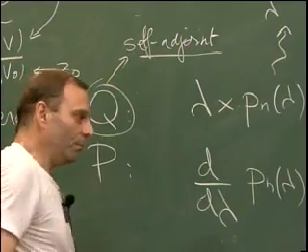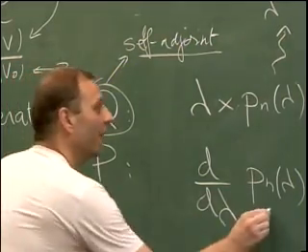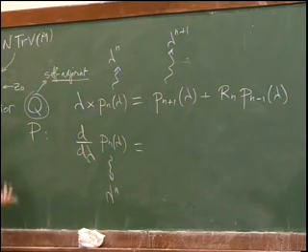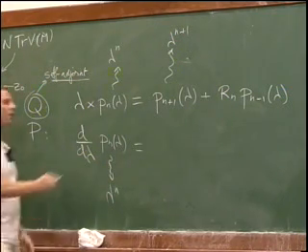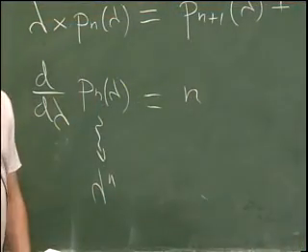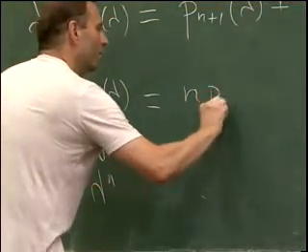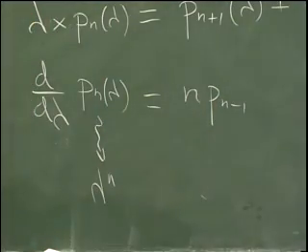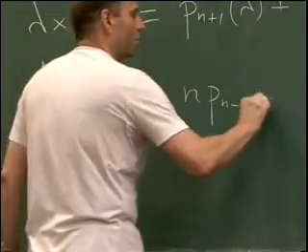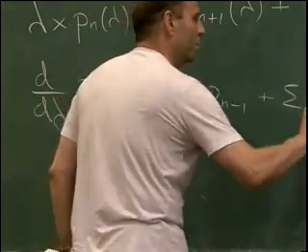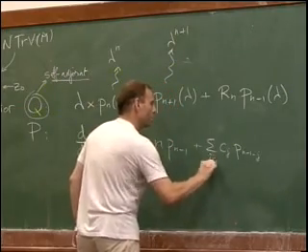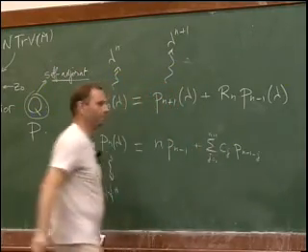Now this one starts with lambda to the n. If I take a derivative with respect to lambda, it will start with n times lambda to the n minus 1. So it certainly starts with n Pn minus 1. And now it has lower orders, which are just a linear combination of Cj Pn minus 1 minus j, from j equals 1 to n minus 1.